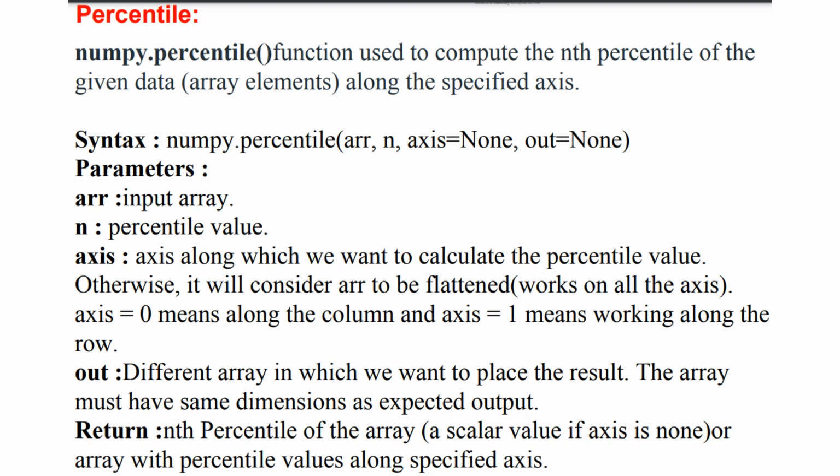The syntax is array, n, axis=None, out=None. Array is the input array, n is the percentile value, axis is the axis along which we want to calculate the percentile value, out is where we want to place the result, and the return value is the nth percentile of the array.